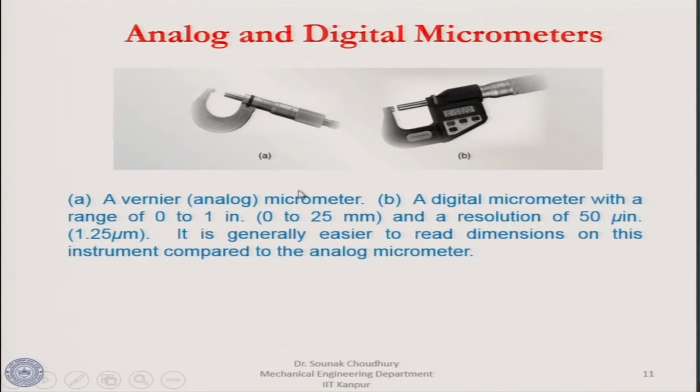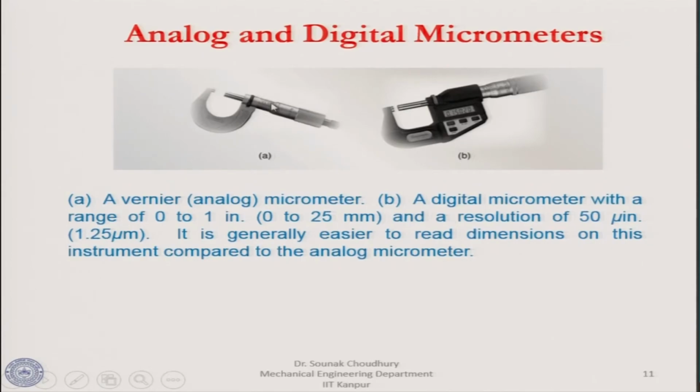That means, if they are together, it is 0, and the maximum distance that it can cover with respect to the fixed one will be 25 millimeter. So, you can measure the diameter in this range, and of course, the resolution is 1.25 micron. It is generally easier to read dimensions on the digital instrument compared to the analog one, because it is displayed.